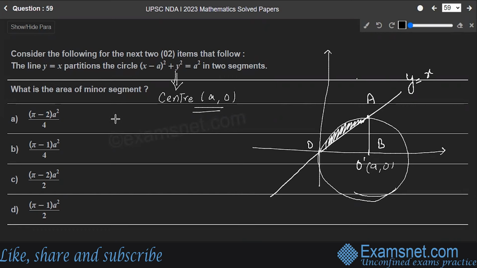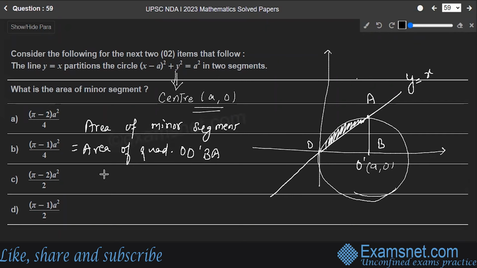You know one thing, area. Now, this is a segment, right? Area of minor segment will be given by area of this quadrant O dash BA minus area of triangle OAB. All right.